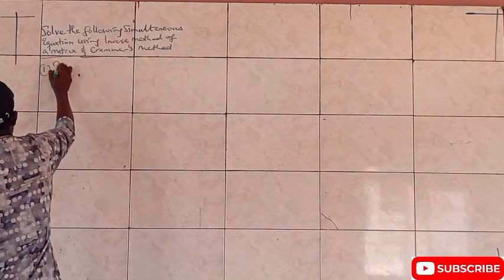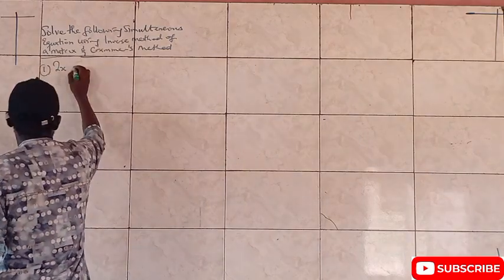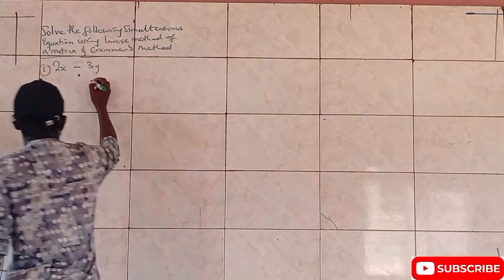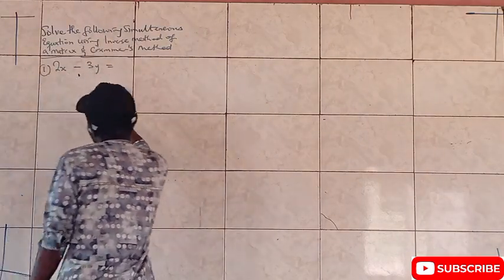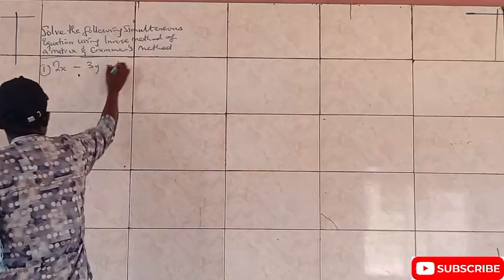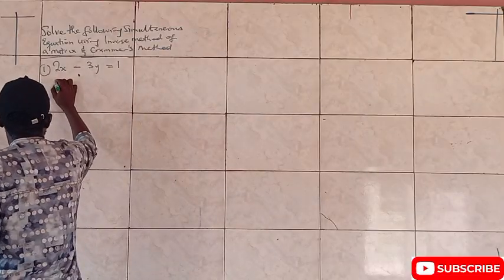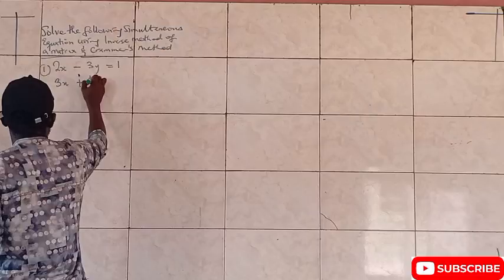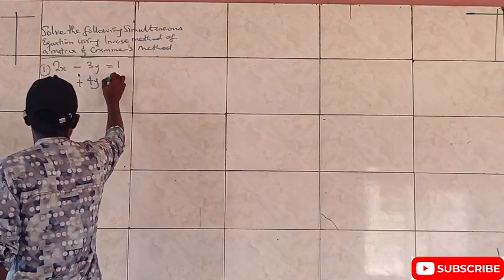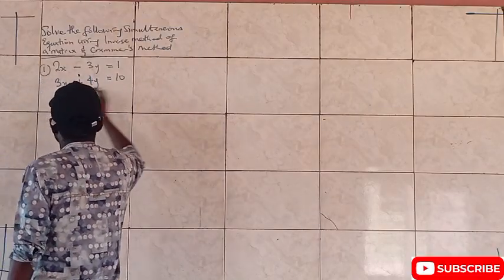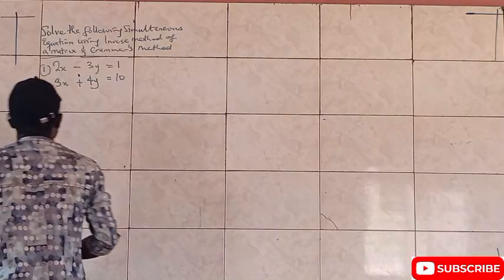See number 1. Let's say I have 2x minus 3y equals 1, and 3x plus 4y equals 10. You understand? And let's say we have number 2.